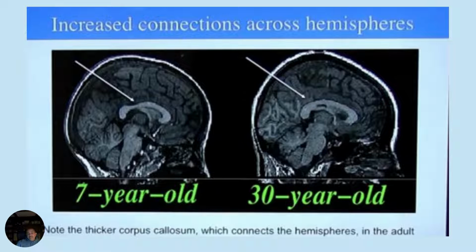You can see the thicker corpus callosum on the right side, where the 30 year old is, which connects the hemispheres in adults. It gets thicker as you grow older. What it does is connect the two hemispheres, and that's the role of the corpus callosum.